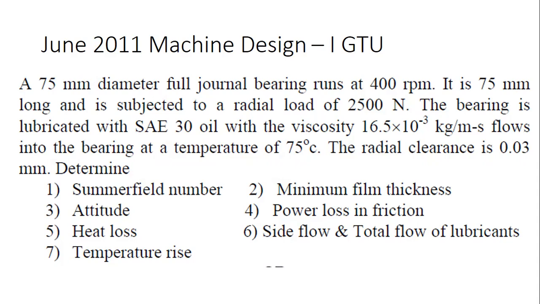What is asked in this numerical? They are telling us to find out the Sommerfeld number. There was a printing mistake in the university exam question paper, but it is the Sommerfeld number. So the first thing they have asked is the Sommerfeld number, capital S, then the minimum oil film thickness, h0, then the attitude, actually it is the eccentricity ratio.